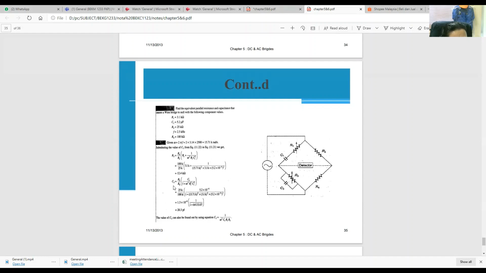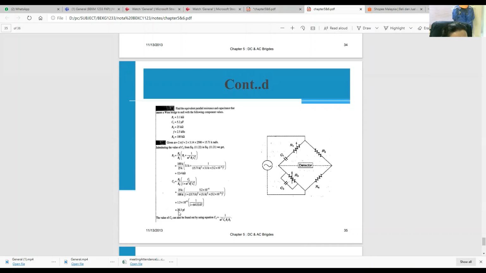To calculate C3, C3 equals R2 divided by R4 multiplied by C1 over 1 plus omega squared R1 squared C1 squared.